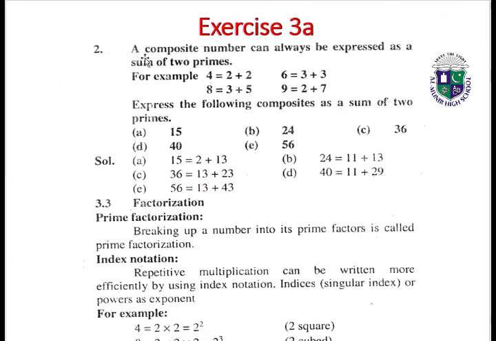Question number 2. A composite number can always be expressed as a sum of 2 primes. For example, 2 plus 2 equal 4, 3 plus 3 equal 6, 3 plus 5 equal 8, 2 plus 7 equal 9. Express the following composites as a sum of primes: 15, 24, 36, 40, 56.